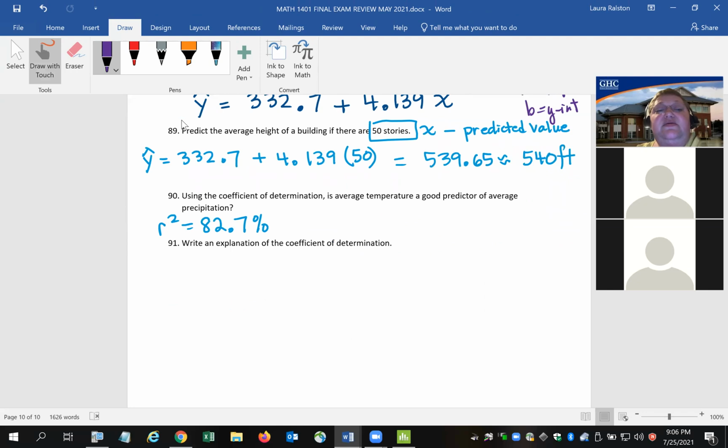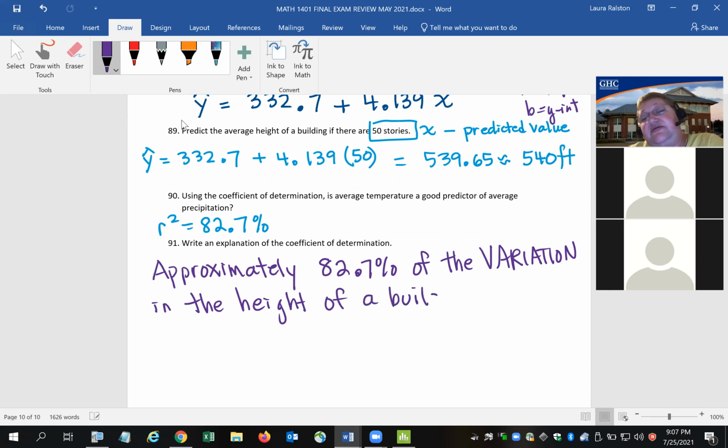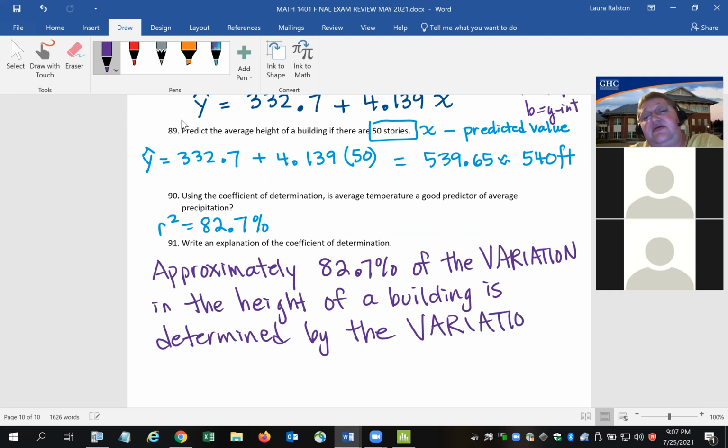Approximately 82.7% of the variation in the height of a building is determined by the variation in the number of stories.